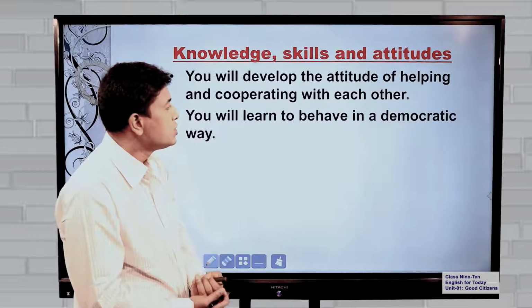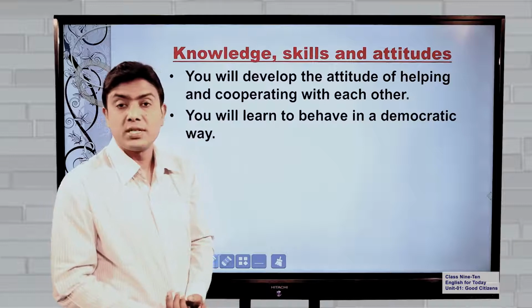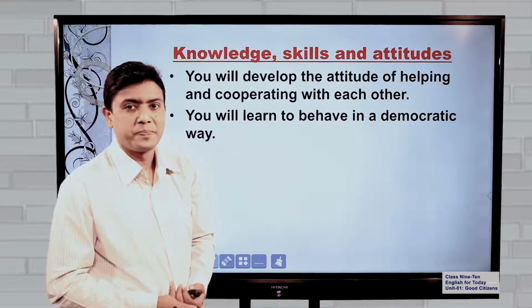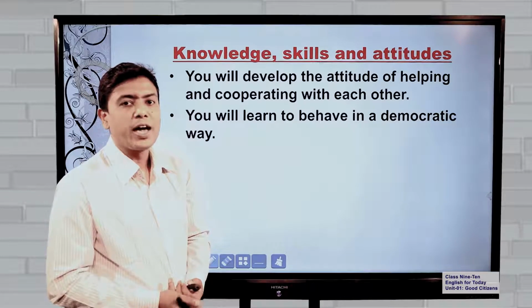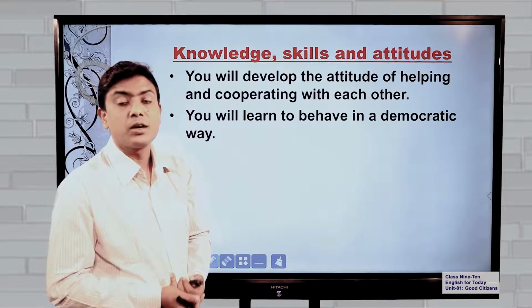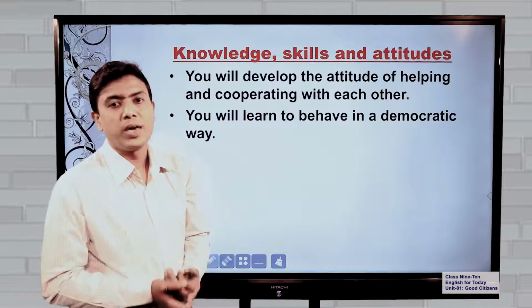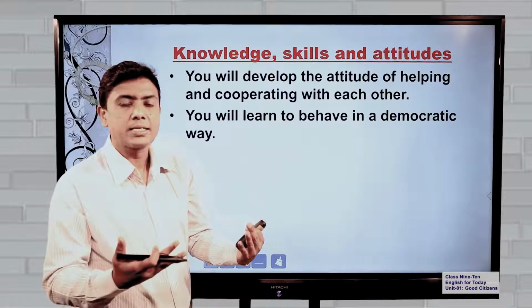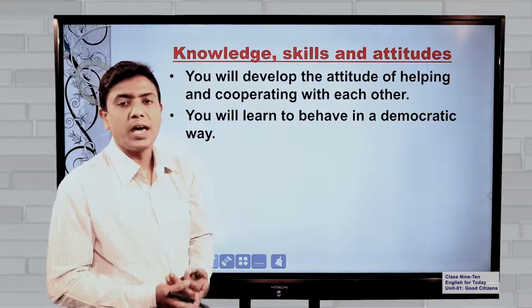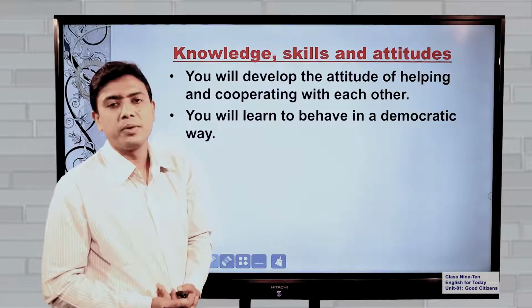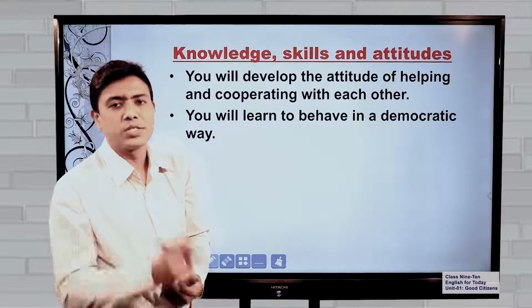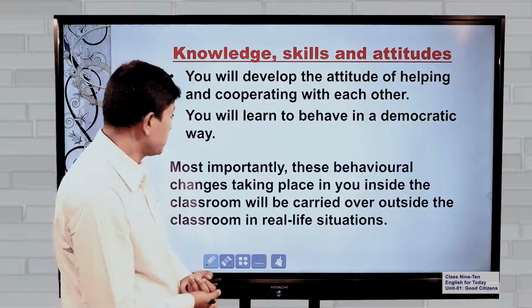You will learn to behave in a democratic way, not autocratic, saying that I will only do, I will only write. This is how a group work doesn't function. In a group work, it is a democratic way where everybody has their own say. Everybody will participate, and each member is valuable. Each member is important. So this is very important.